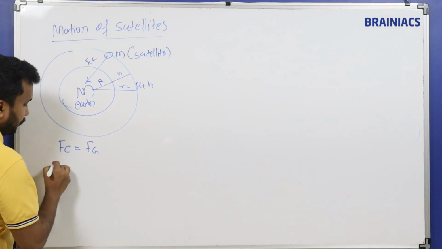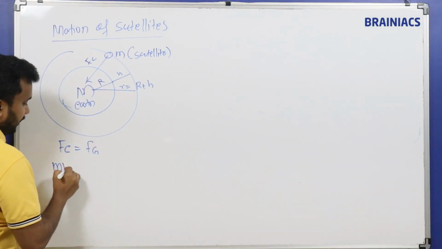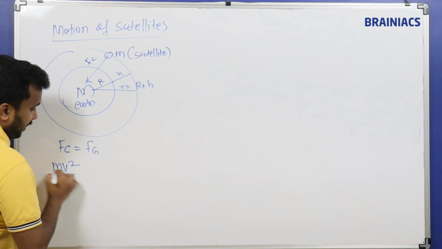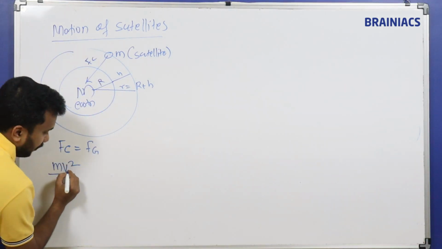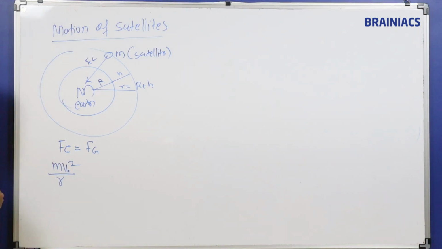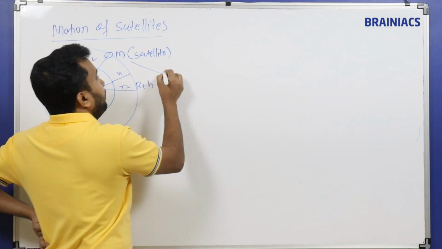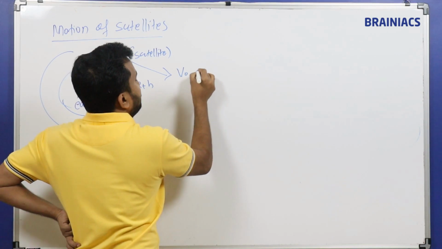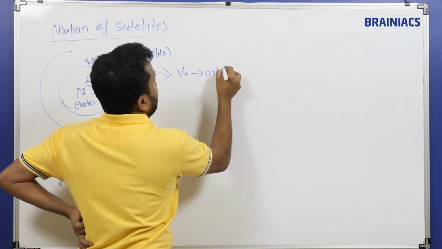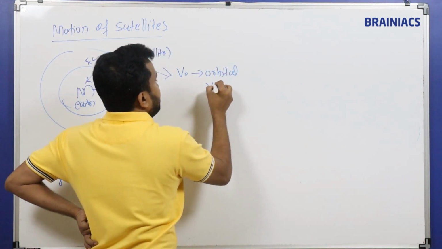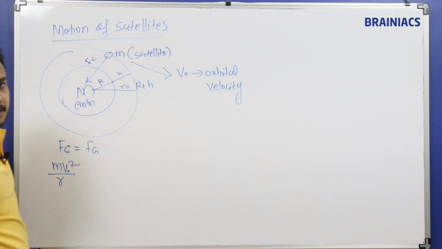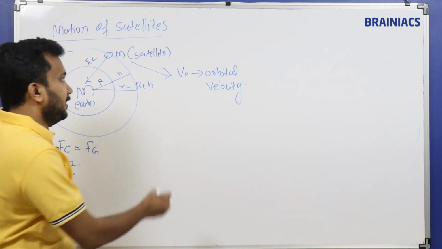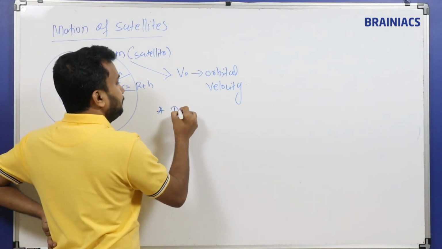What is the centripetal force because of this body? mv square divided by r. This is the velocity at which it is rotating, which we call v0. v0 is called the orbital velocity, a very important term. Orbital velocity is the velocity of the satellite at which it rotates around the earth. So we'll write the definition of orbital velocity.